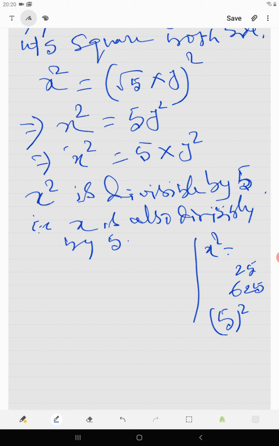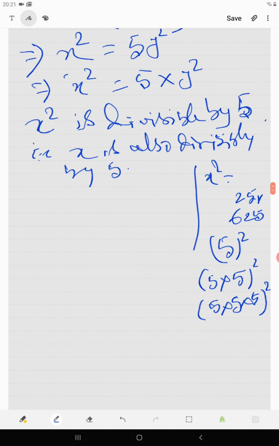Clear? So if x square is divisible by 5, then it should be in power form, square form. That's why I took x square as 25, 25 whole square. That means 5 should be there and it should be in square form. Because x is an integer and divisible by 5, it can be 25, then 5 square, then 5 into 5 square, or 5 into 5 into 5 square.